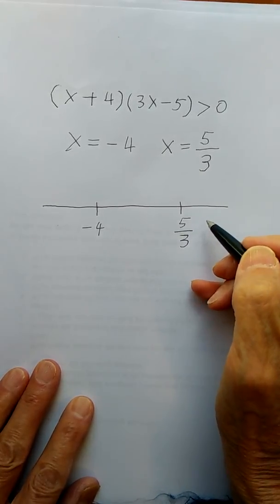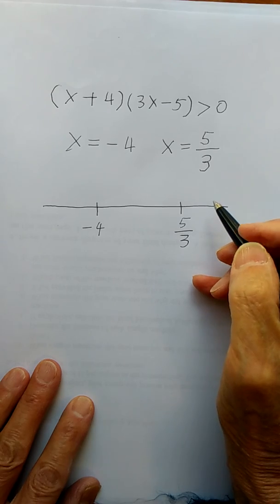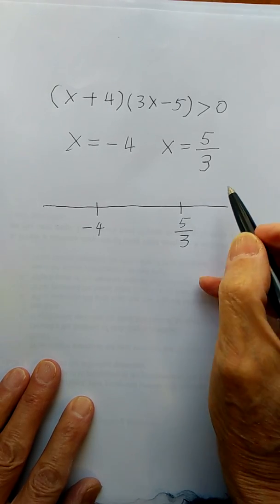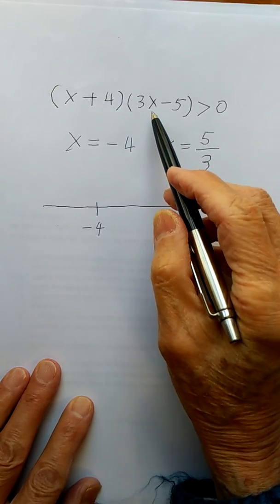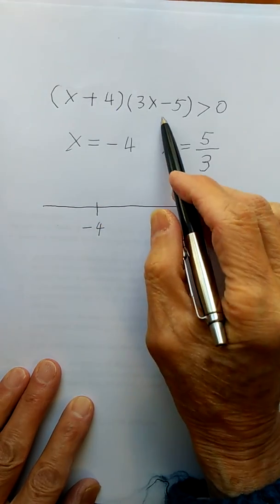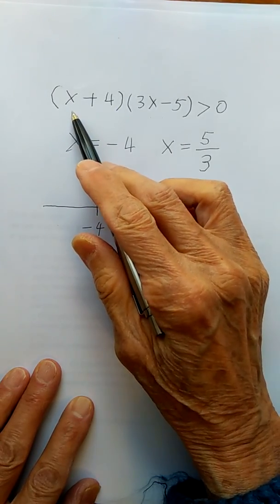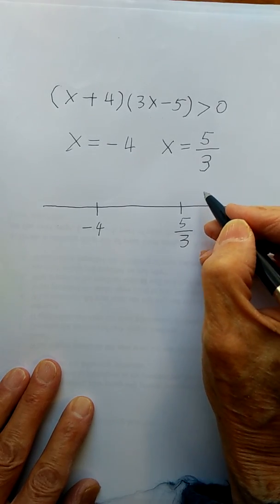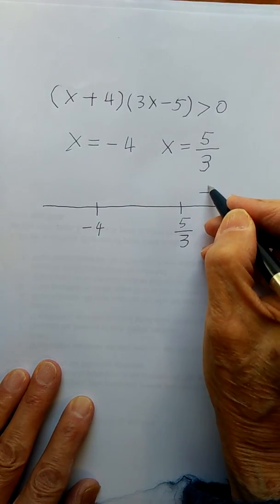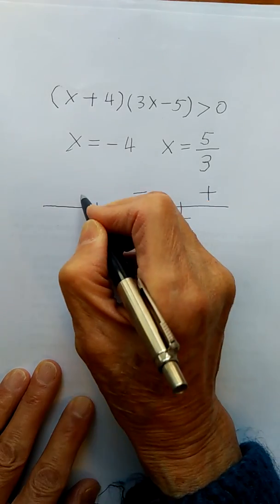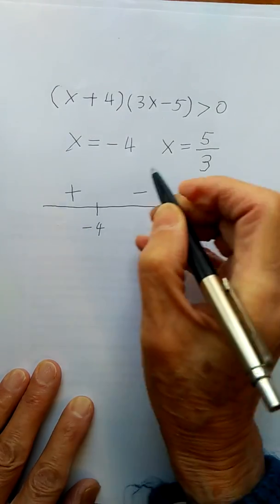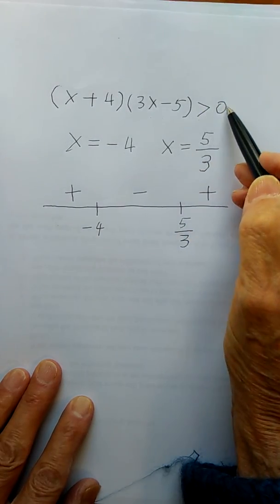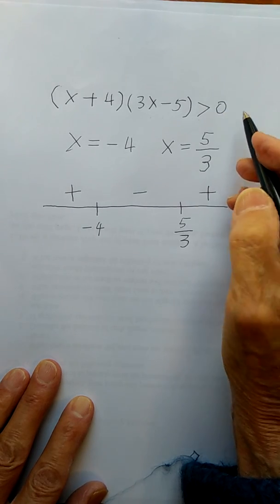Then we label the plus minus signs. Since the x squared term is positive in the expansion, we start with positive on the right-hand side. So it's positive, negative, positive. We want larger than 0, which means we want positive.